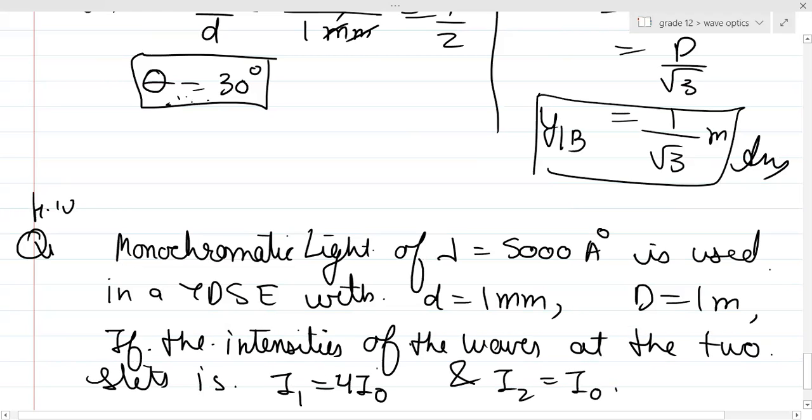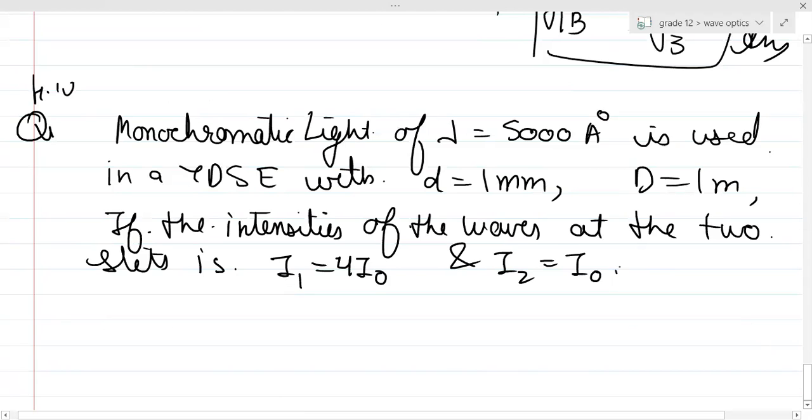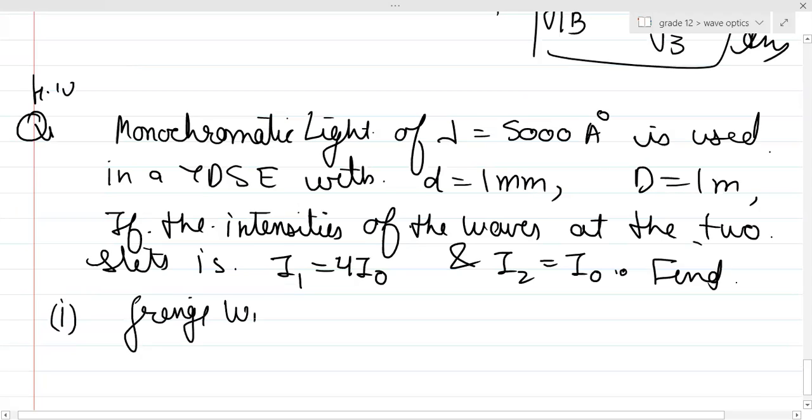So can you see guys, the intensities are not equal now. Intensities are different. So don't use that formula 4 I0 cos square phi by 2, right? Don't use that. Now if the intensities are different, first find the fringe width beta.